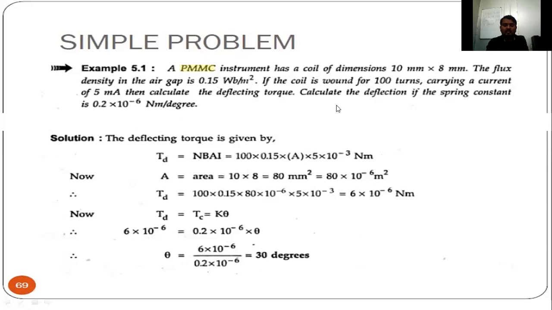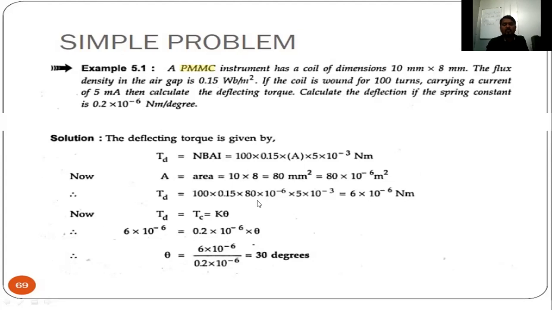You can calculate the deflection, meaning theta you have to calculate. Here the area is 10 into 8 into 10 to the power of minus 6, they have given. By substituting the number of turns, flux density, cross-sectional area and current, we get the deflecting torque as 6 into 10 to the power of minus 6 Newton meter.